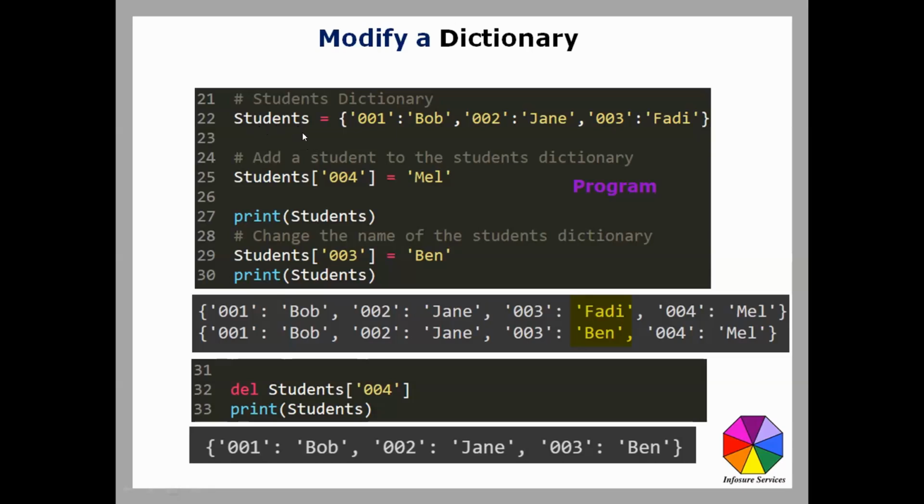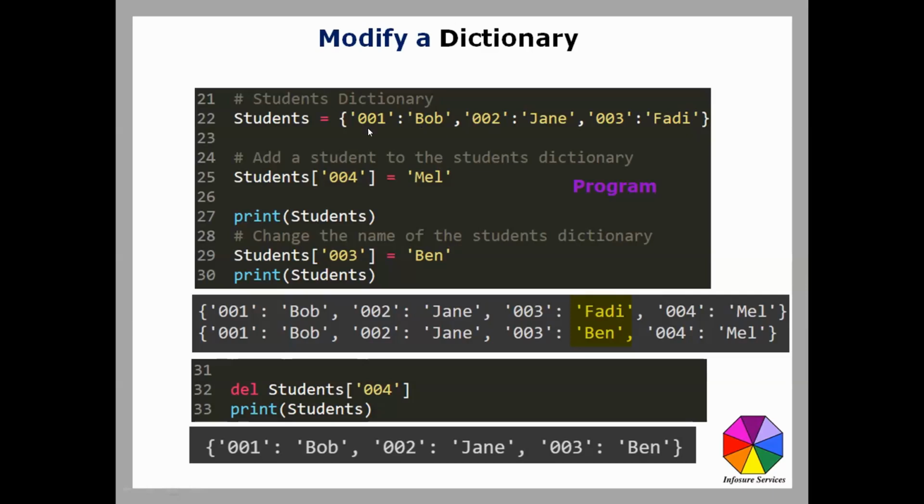Now, to modify a value, to add, my first case is adding a new student to this existing database. So students, square bracket 4. This is my new key. The keys are always unique.